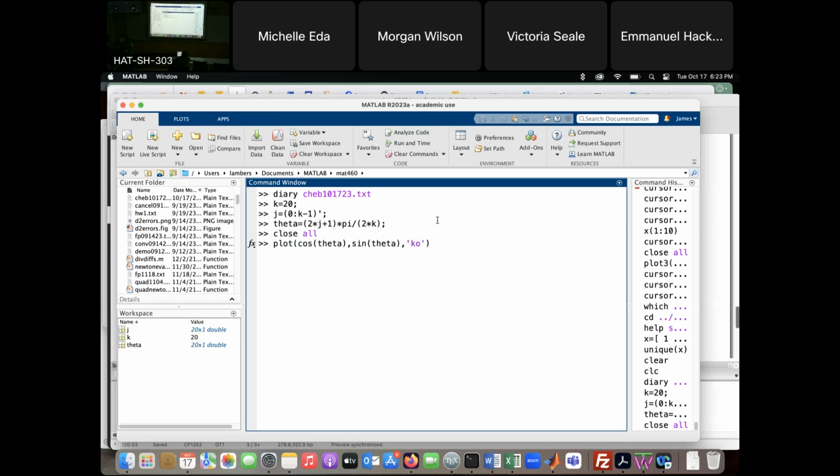Close all just closes any figure windows you might have open. It seems I always have plots open I forget about. As long as it's before a plot statement, it doesn't matter where it goes.